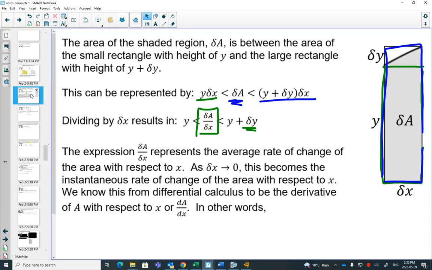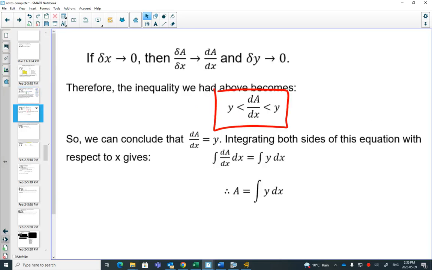And that's what happens in the next slide. They're saying, if we did that limit, then the right side would be y, the left side would be y. This actually doesn't make sense, but what does it imply? It implies that they have to be equal.